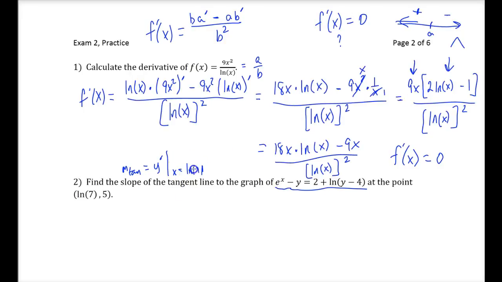We can also write it when we want our point to be natural log of 7, 5, where this is going to serve as my x value, that's going to serve as my y value. So we have to differentiate this equation implicitly. So we're going to start off by taking the derivative of both sides with respect to x.